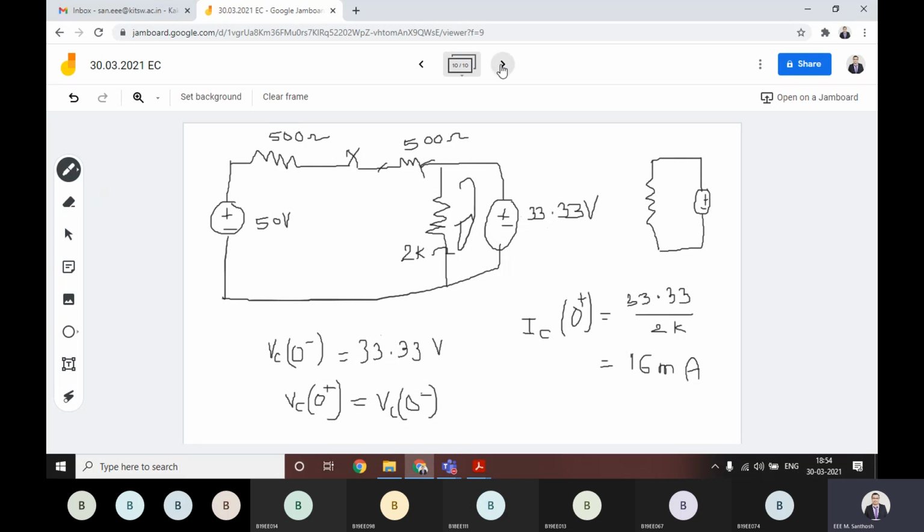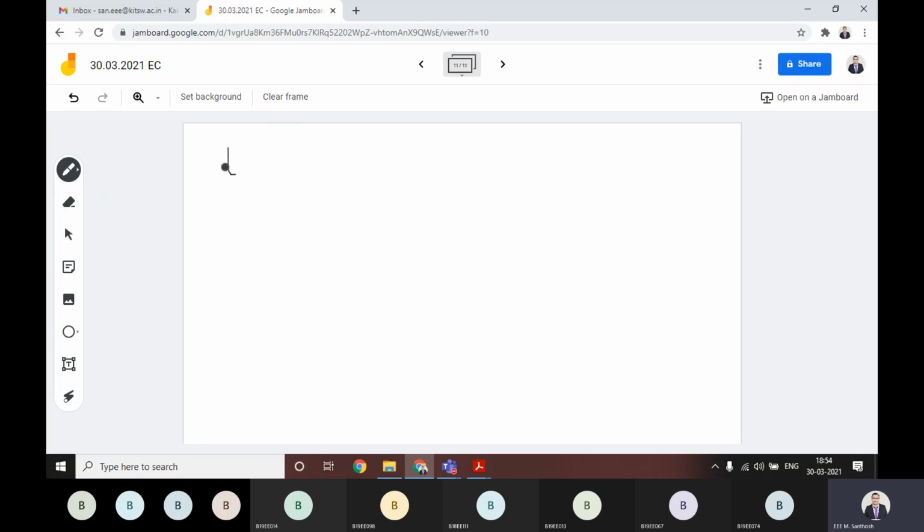Now we completed. In the third step, at t greater than 0, now you have the 2k resistor in the loop, and you have a 1 microfarad capacitor, and you have the voltage source.